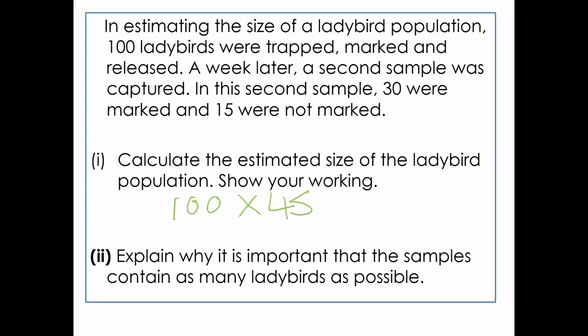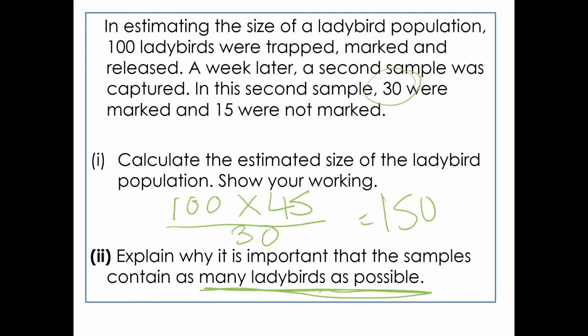So 45 divided by the number that were marked, which is 30, gives 150 ladybirds. Explain why it's important that the sample contains as many ladybirds as possible. That was about making it reliable and representative. So a large number, representative and reliable.